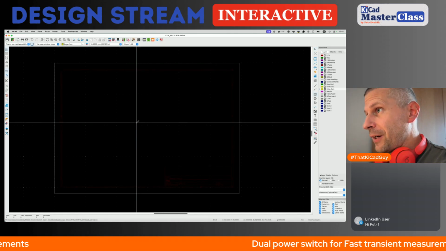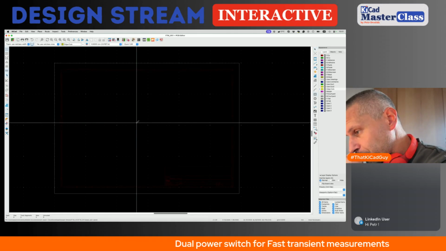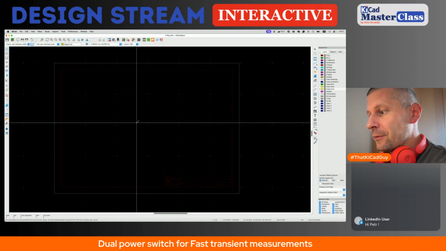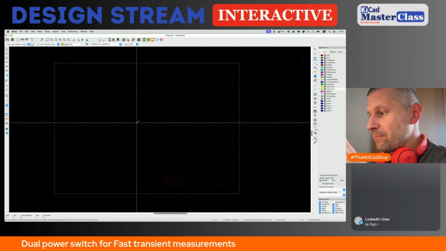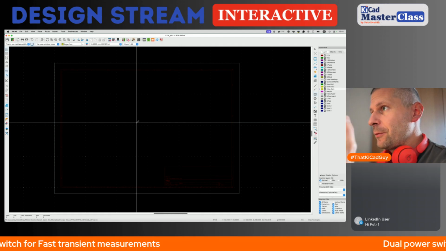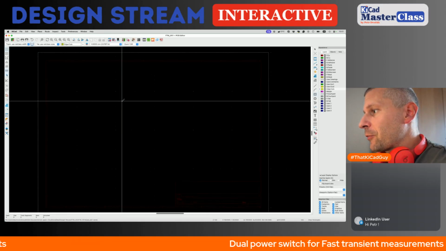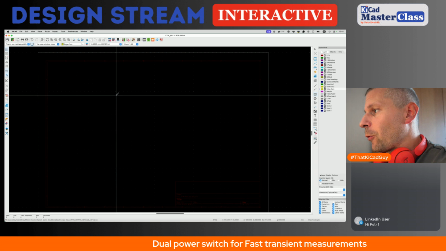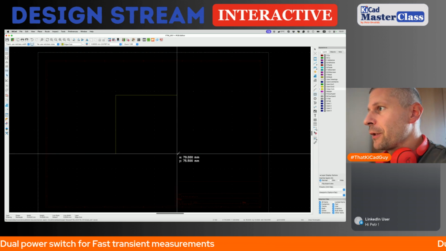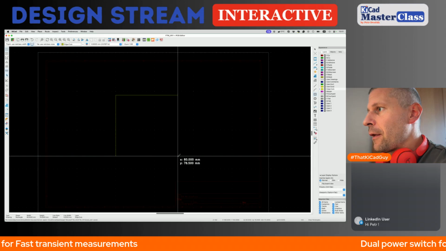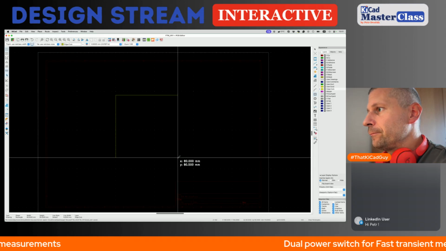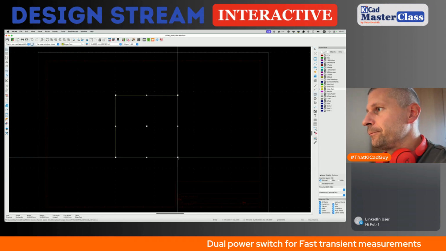This time, my intention is to design about an 80 by 80 millimeter PCB. So I will start with a square of this size, 80 by 80, and we will see then.